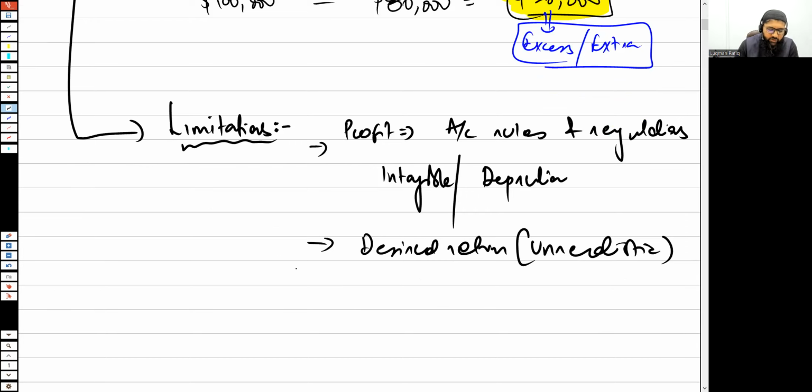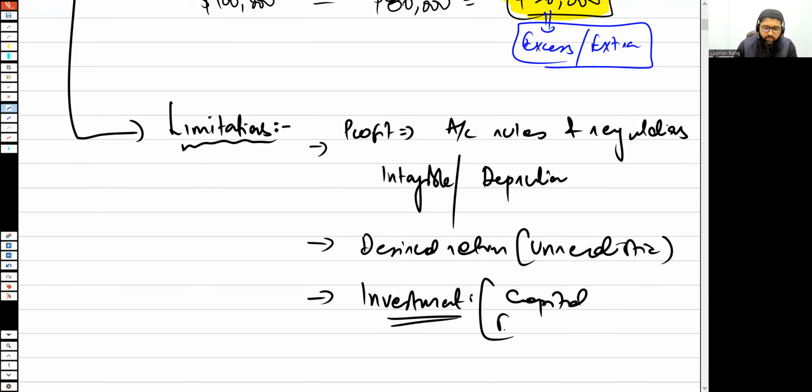The third thing you need to keep in mind is the investment. The investment actually refers to capital employed.